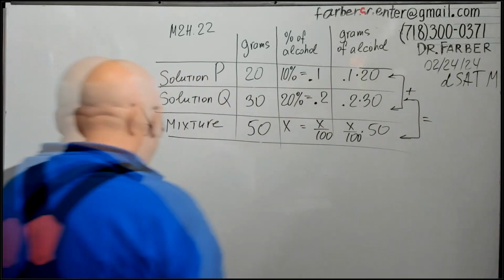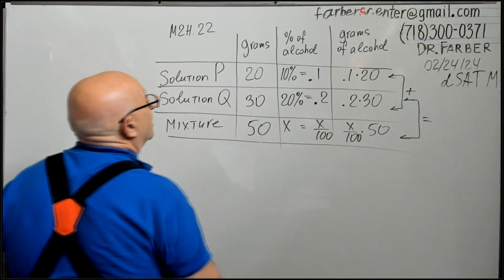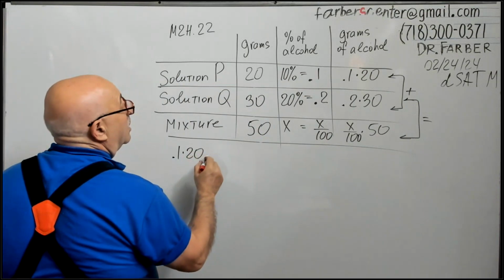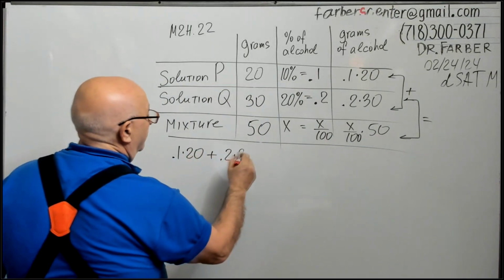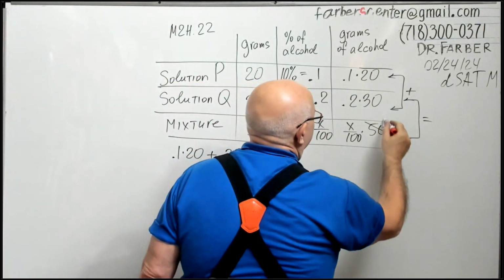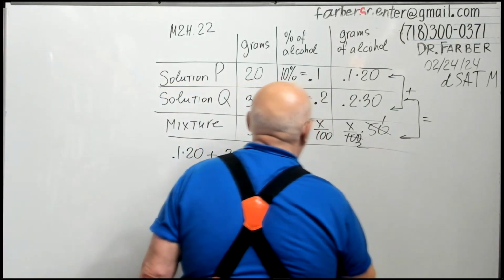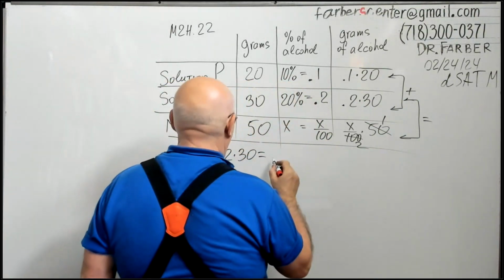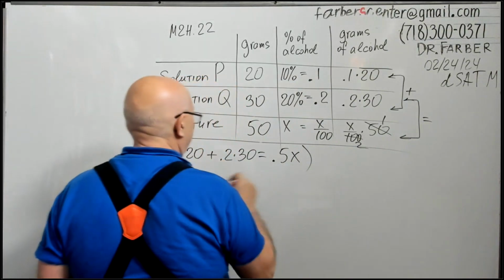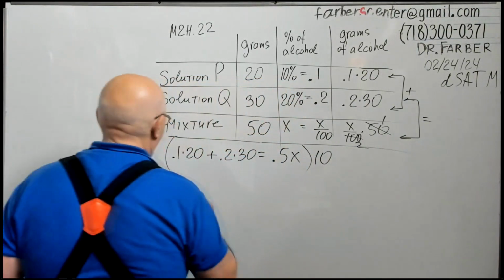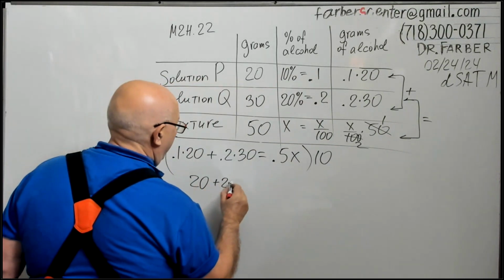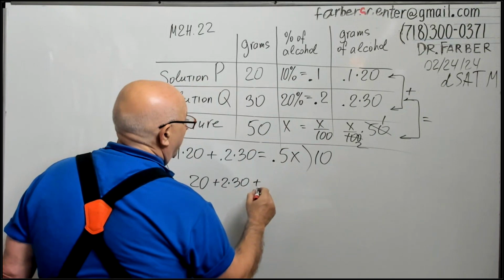If you don't have any questions, let's write this equation. 0.1 times 20 plus 0.2 times 30 equals x over 100 times 50. This you can simplify. This is 1, this is 2. It's x over 2 or 0.5x. Get rid of decimals, multiply by 10. You have 20 plus 2 times 30 equals 5x.